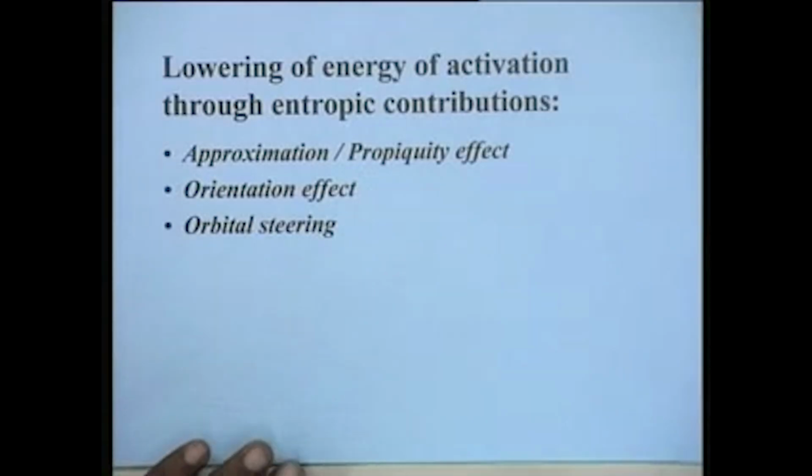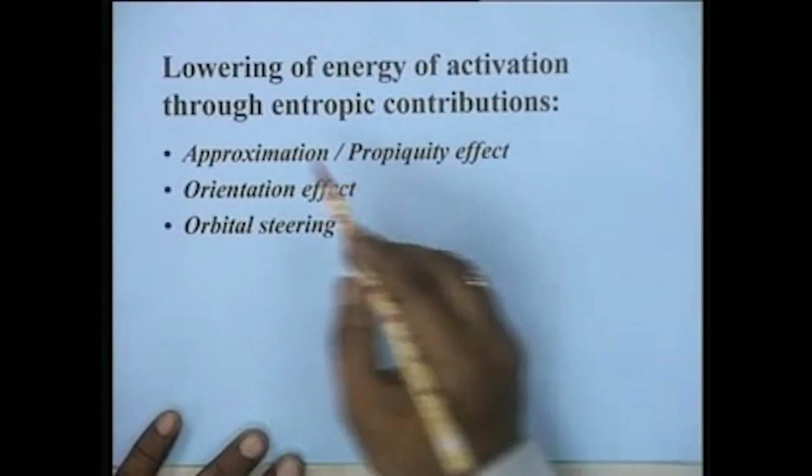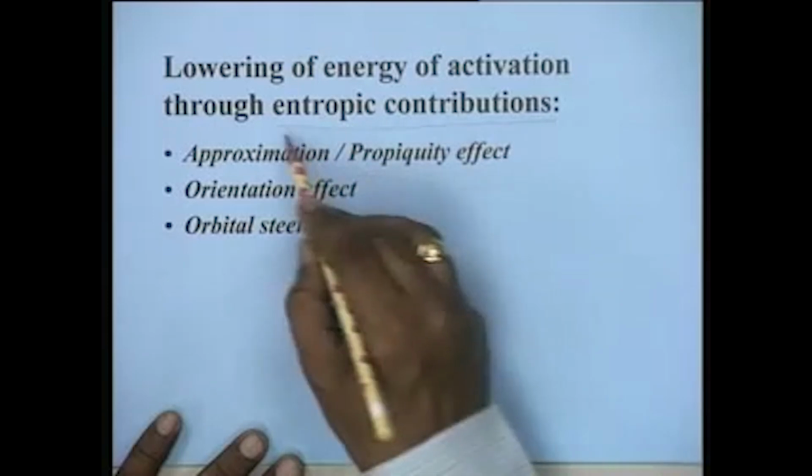So, while considering the various ways, we will consider the lowering of energy of activation through each of the contributions, and come first to lowering of energy of activation through entropic contributions.